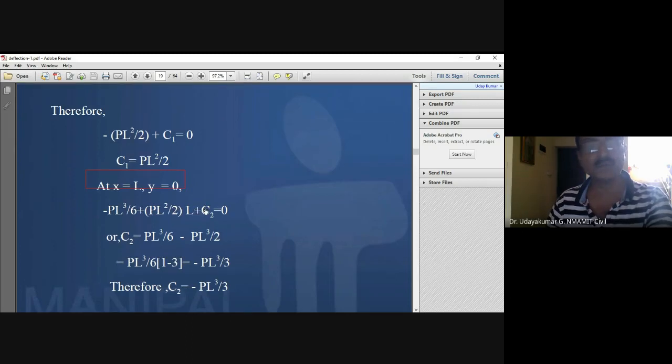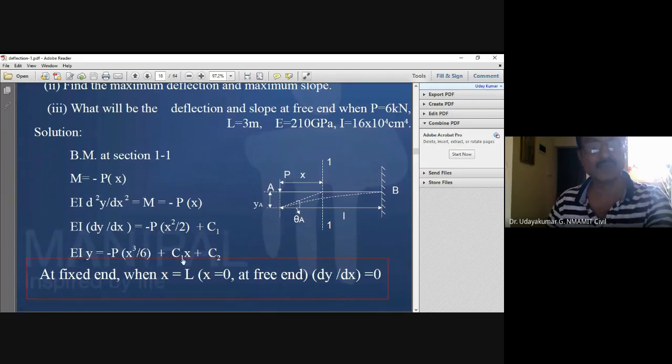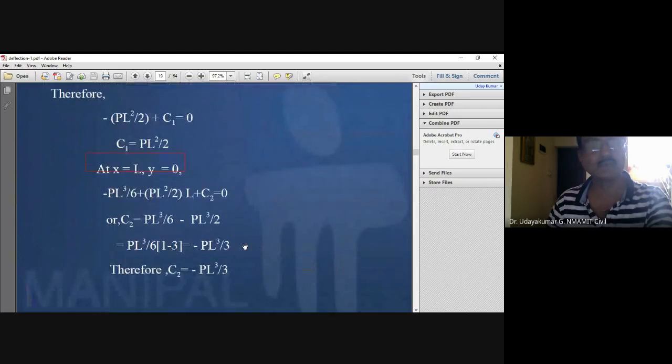and to determine C2, from the previous equation you substitute C1, you get EI y equal to the terms with C1x plus C2. Now once again, when x equal to L, deflection is also 0. So y equal to 0, so 0 equals PL cubed by 6, x equal to L, therefore you get C2.